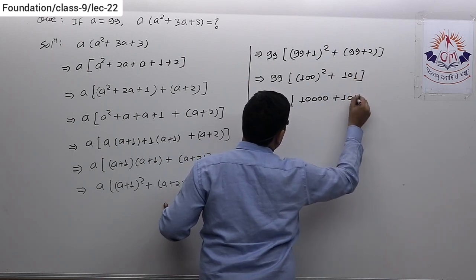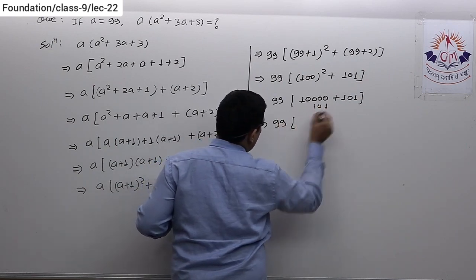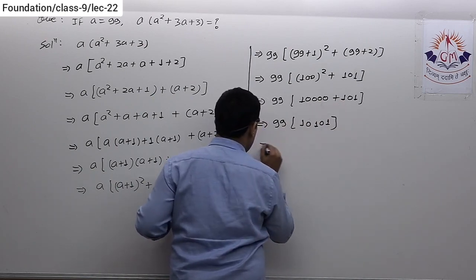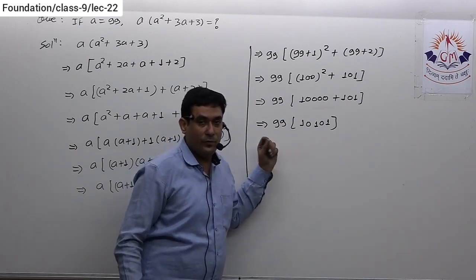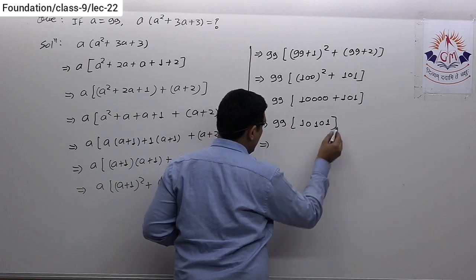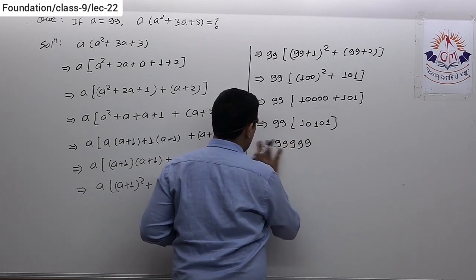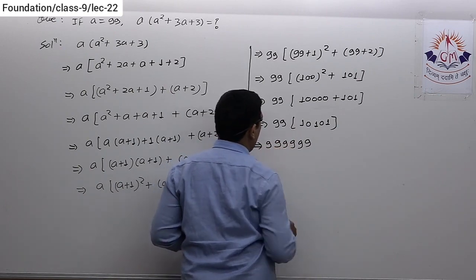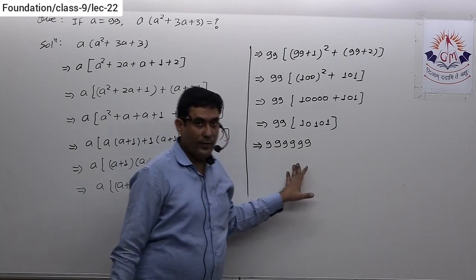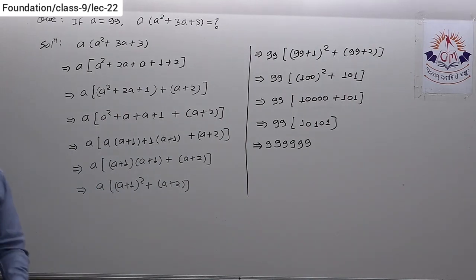So when you add these two, 99 into 101 gives 10101... I mean 9999. It is easy to multiply with 99. Even if you don't know the table of 99, you can go with this, because you have to write it only once or twice: 99, 99, again 99. So this is my final answer. Without actually finding the square of 99, I got my final answer. I hope this is clear to you. So please note it down.